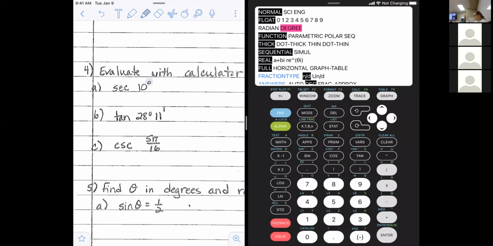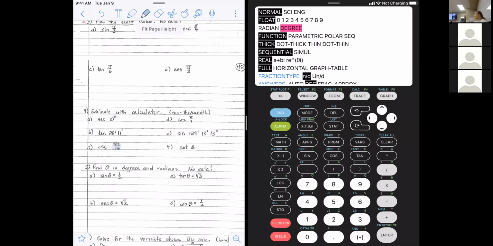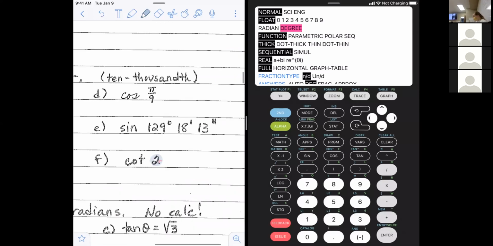If I have something with a pi, or something like letter F with no degree sign, that's a radian. So I'm going to have to scroll over and make sure that radian is pressed. I've always had students in the past who are like, I don't know which mode to be in. Well, what are you putting in? If you're putting in degrees, you should be in degrees. If you're putting in radians, you should be in radians.